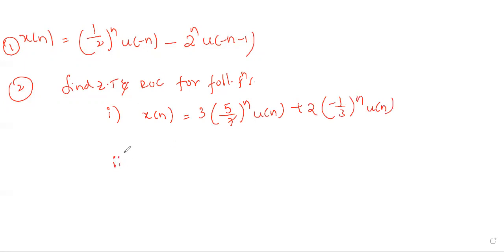In place of constants, we have numbers here. That's it. x of n equal to same problem, whatever I have given. Okay, try to solve these problems. So next, final value theorem and initial value theorem we will discuss in next lecture.